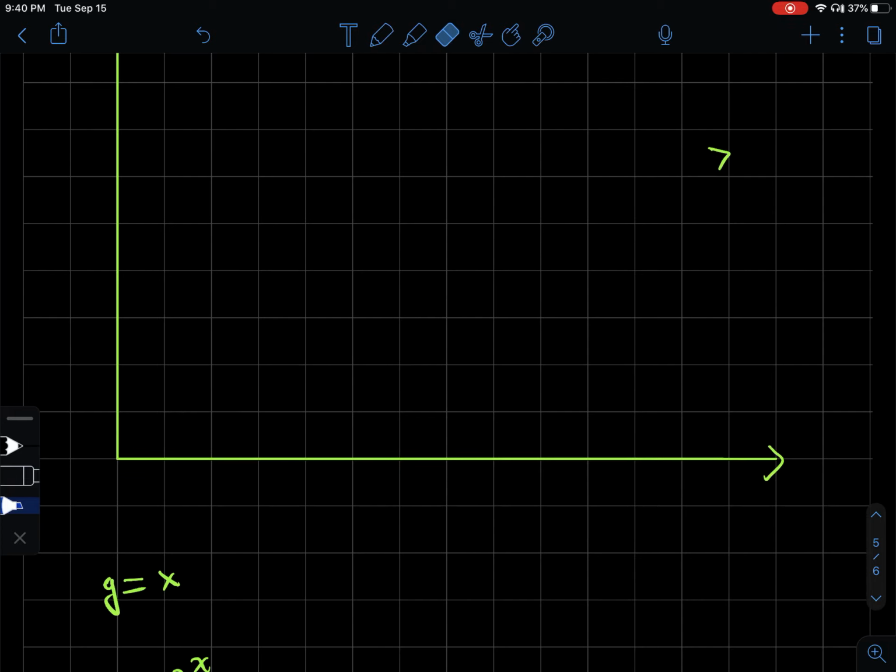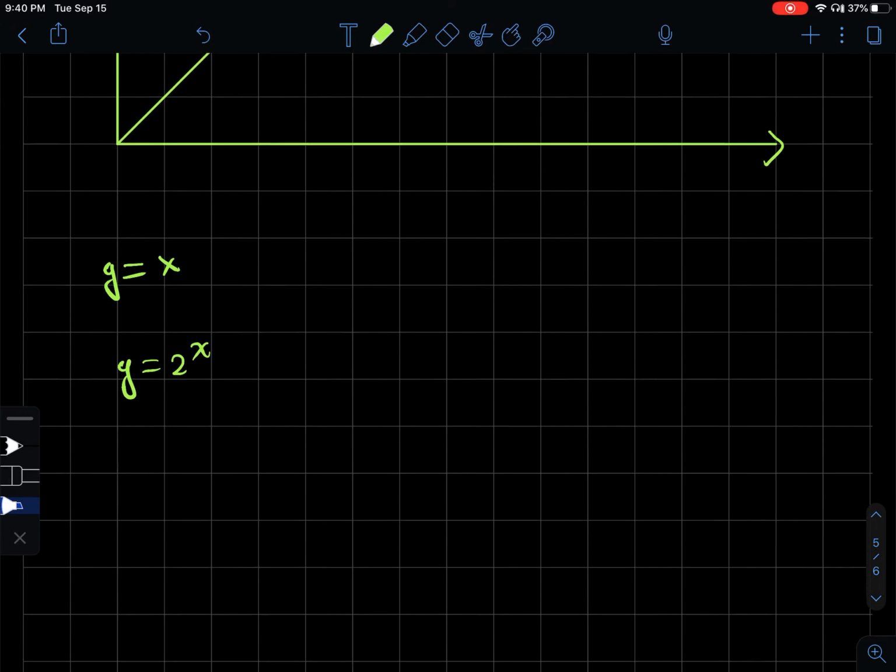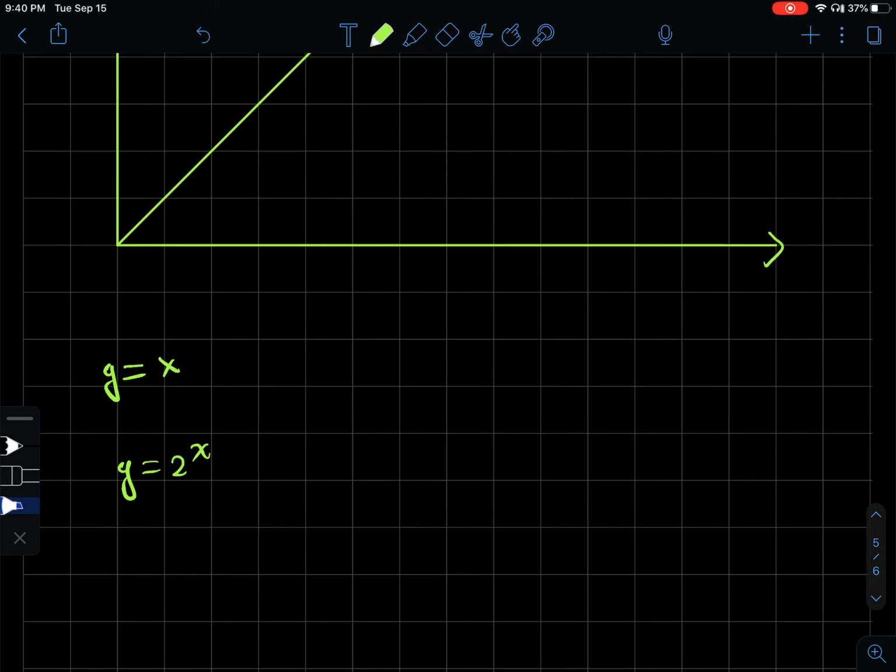It makes it much easier to see and understand this. So here you go. Here's the line. Whoops, that didn't come out right. I'm gonna do this a little bit better. Okay, here's y equals x. That's the line.